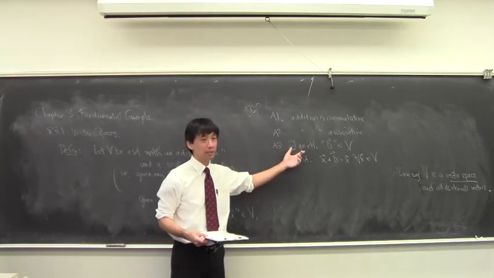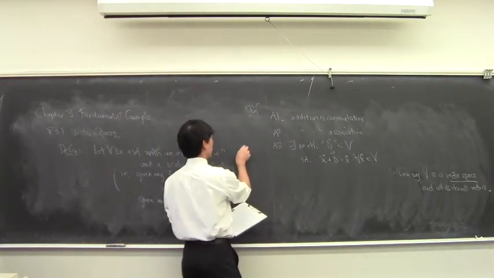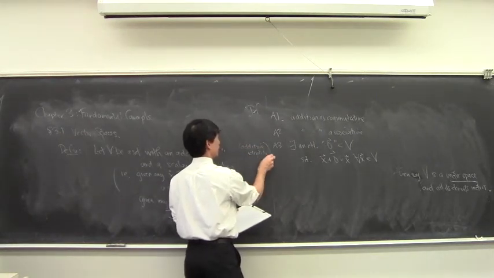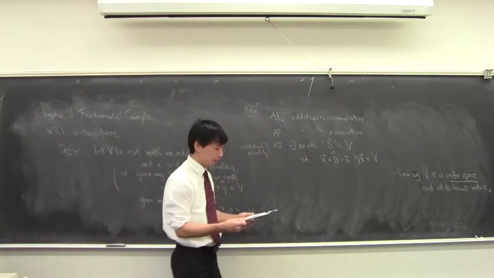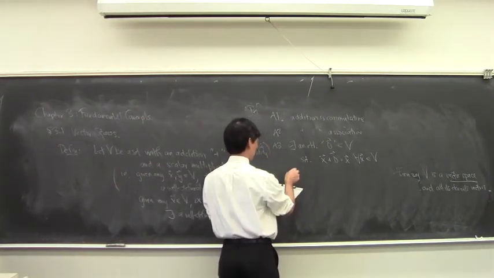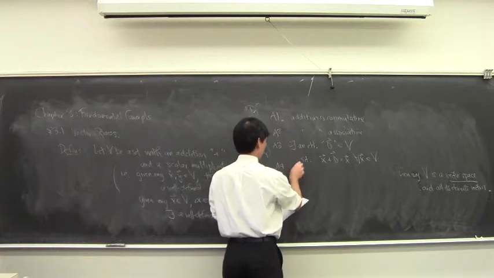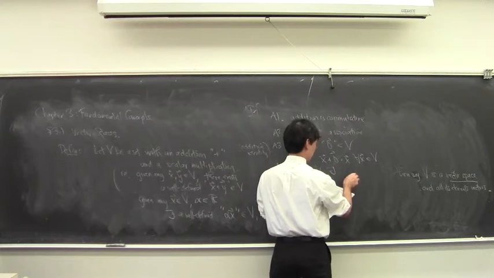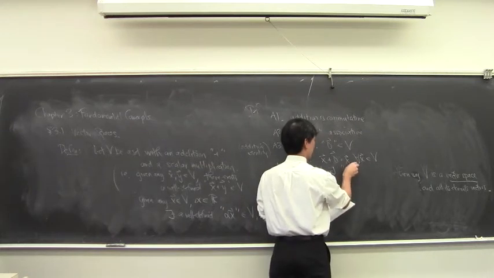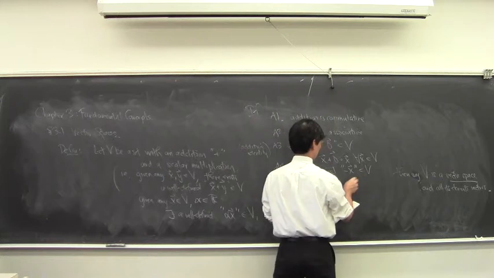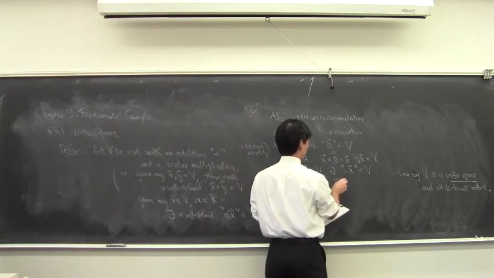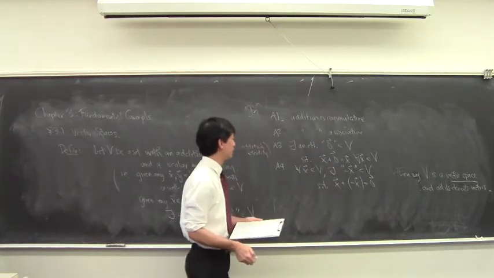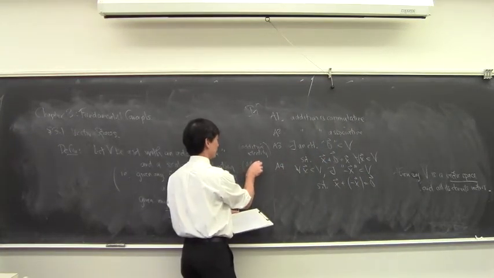So there's what's called an additive identity. There's a 0 element in there. If for all x there exists some sort of negative x such that x plus negative x is the 0 element, right? So there exist additive inverses.